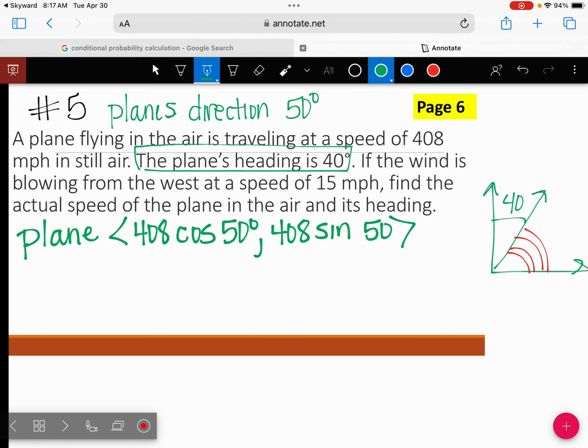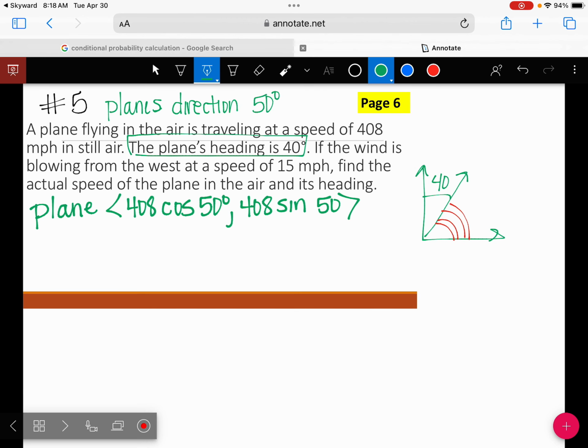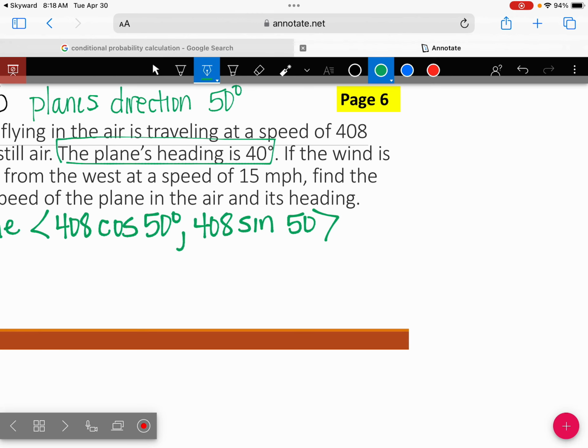Go ahead, pick up your calculators and see what you get. And make sure you check your numbers to make sure you got what I got.